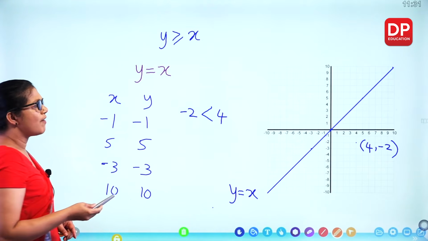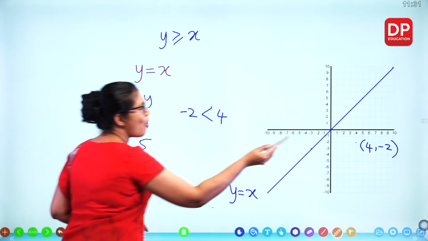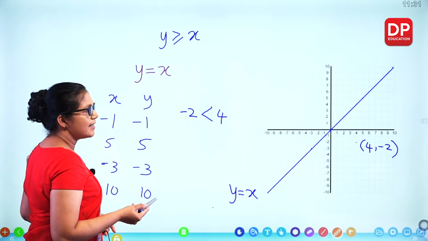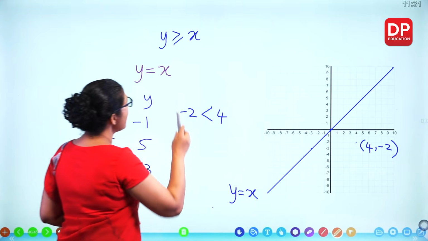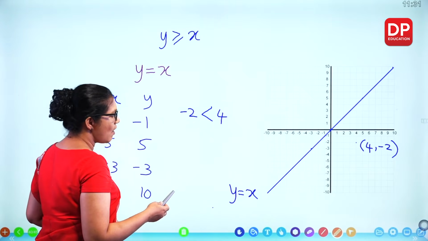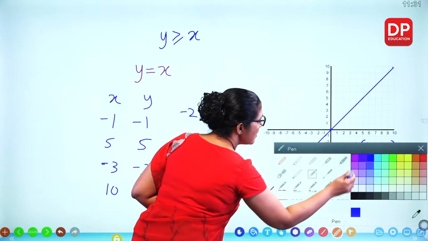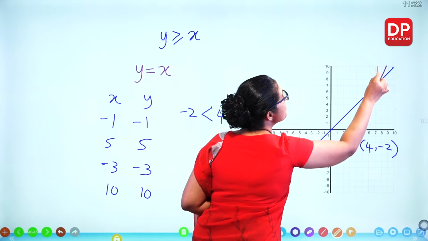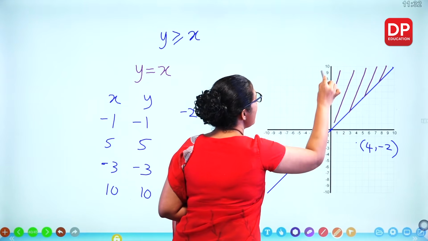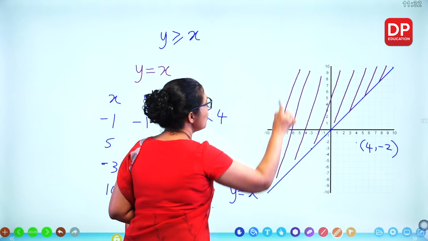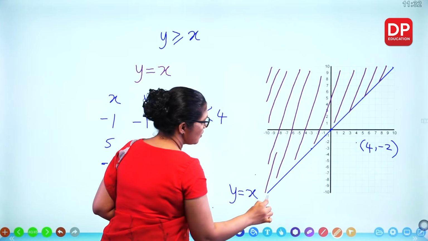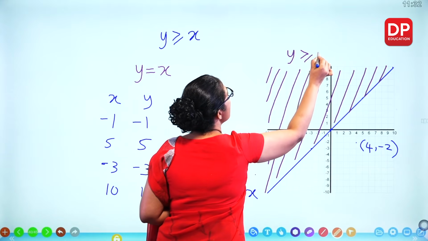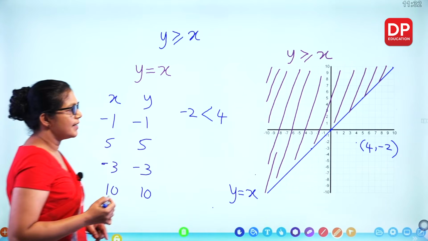The y value is not greater, and this point does not satisfy this inequality. So that means the correct region for y greater than or equal to x is the other side. So we can write this region is y greater than or equal to x side.